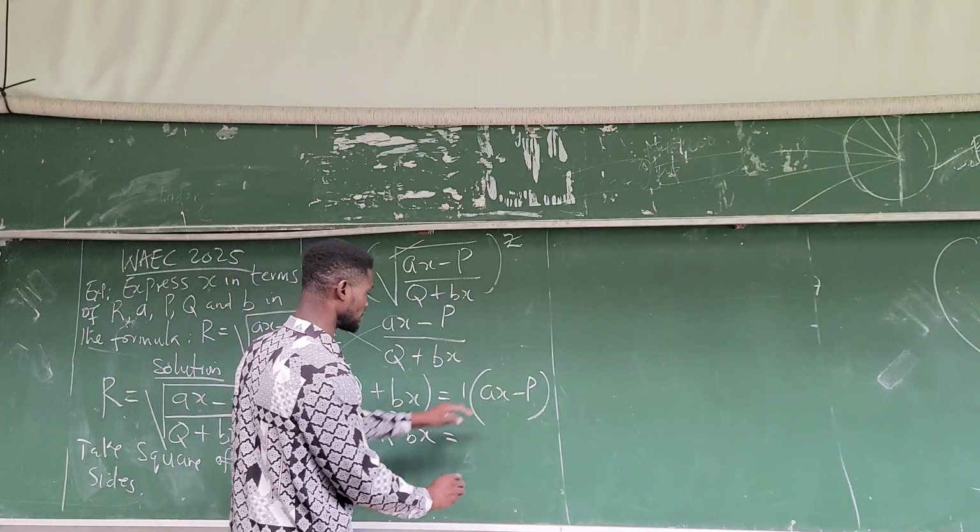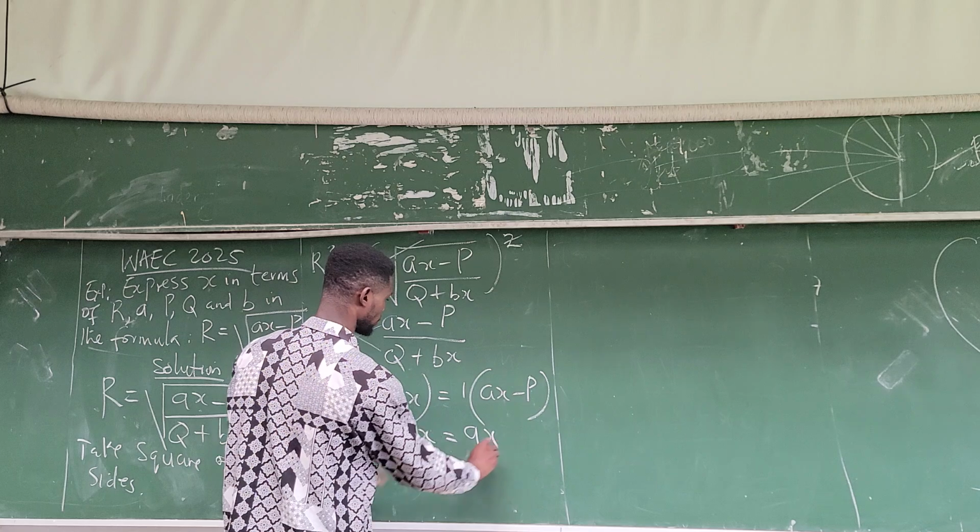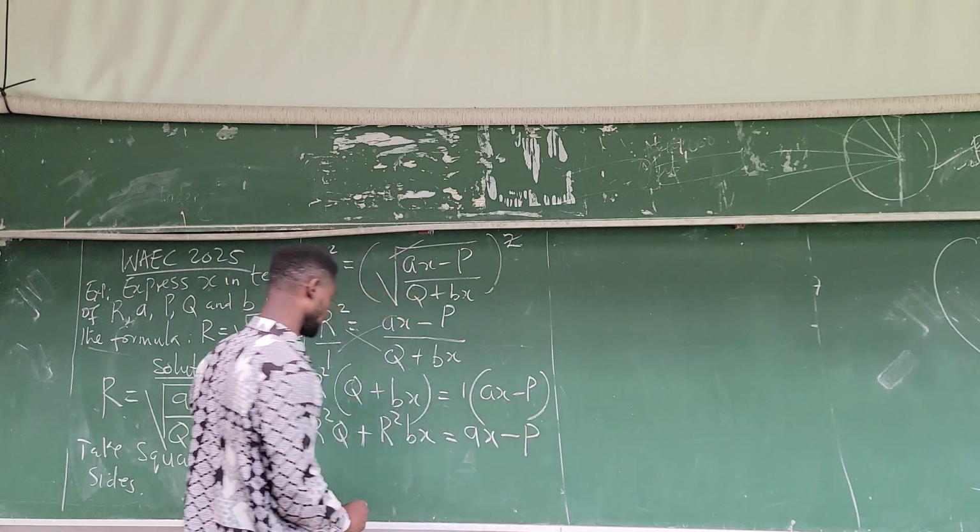It equals 1 times AX, which gives AX, and 1 times minus P gives minus P.